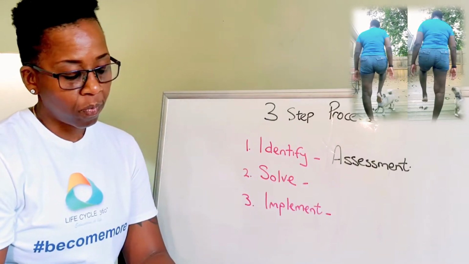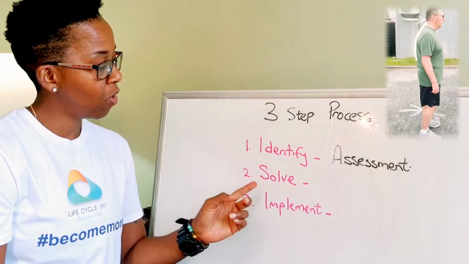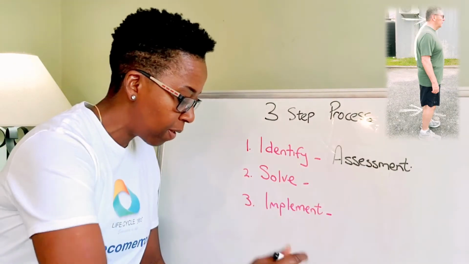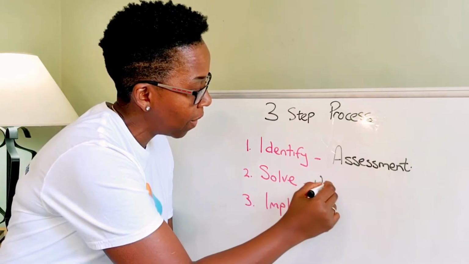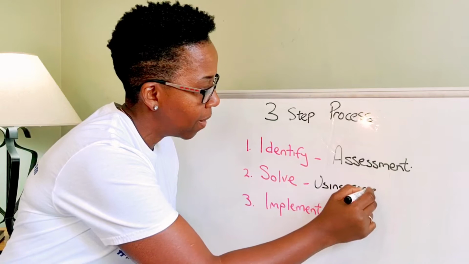Right, so we did the assessment and we saw certain things. Now we want to solve the problem, and solving the problem is going to be using the corrective exercise plan.